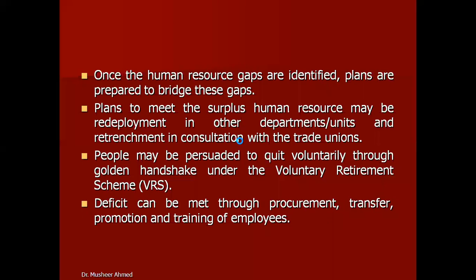Now, people may also be persuaded to take voluntary retirement, which is known, in short, as VRS. VRS was a scheme launched by the Government of India, and this scheme was named Golden Handshake. Why it was known as Golden Handshake, we will be seeing in the later slides, right?